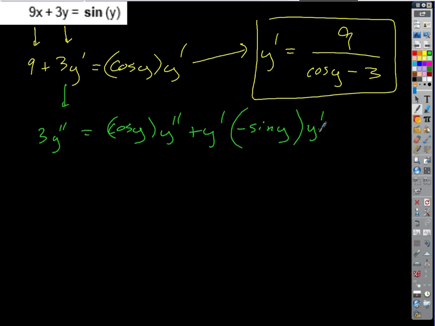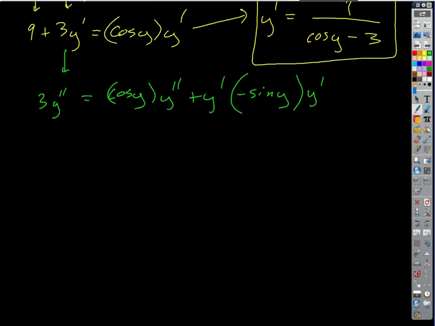Okay. So let's rewrite that then. We've got 3y double prime equals cosine y, y double prime, plus, or minus, let's do, got a negative there, minus sine y times y prime squared. I've got a y prime times a y prime, right?